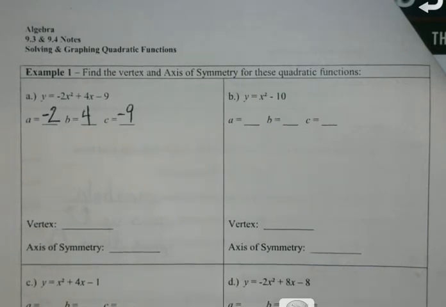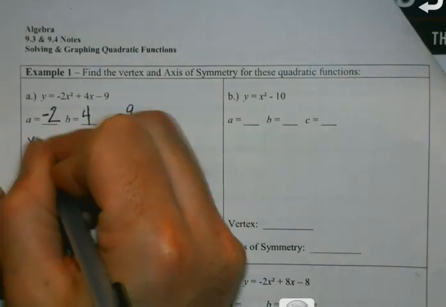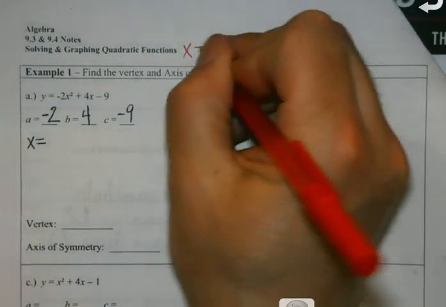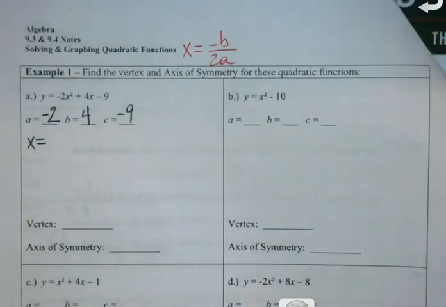So when I get to here, you're like, well, now what? Well, I'm supposed to find the vertex. So my x value, and I'm just going to write it up here at the top so we can see it every time. To find the x value, I always plug it into this negative b over 2a equation. And this is going to be no different. So I go to plug this in.